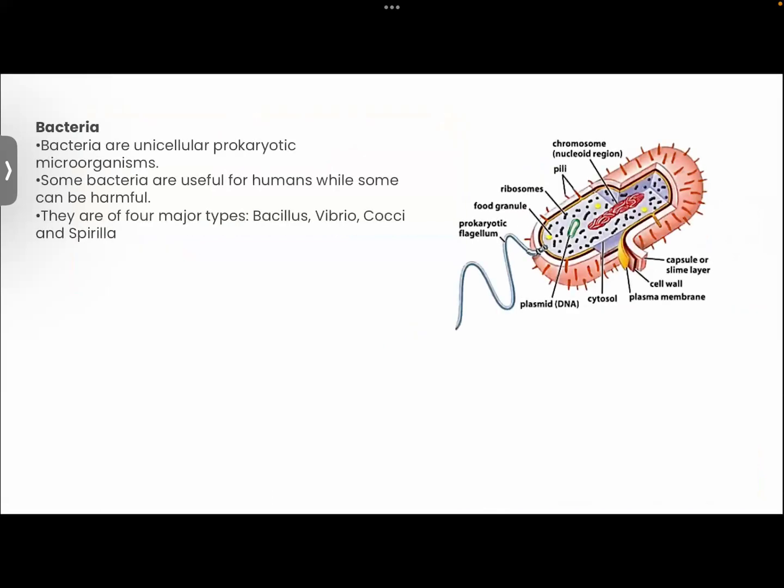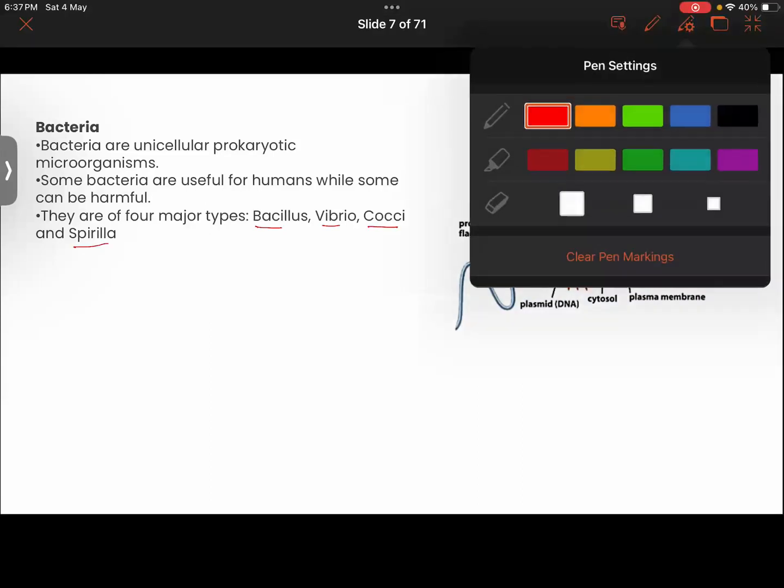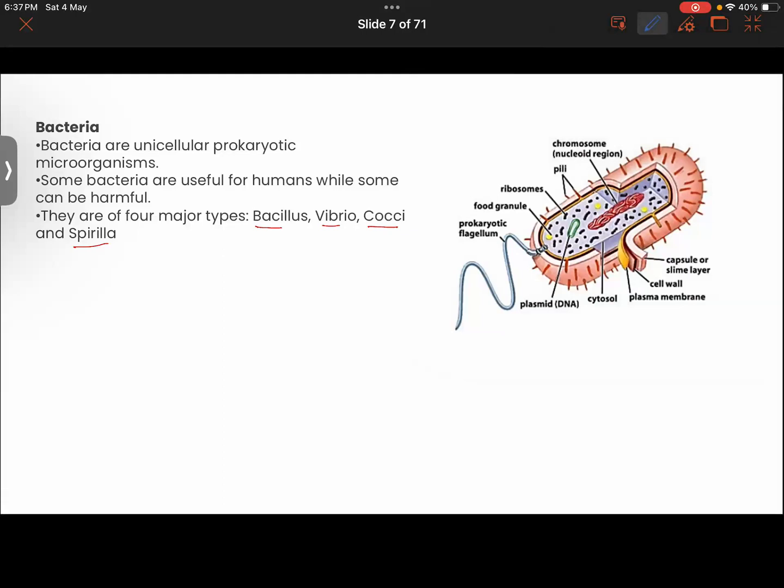Then we talked about different groups of bacteria. Bacteria have been majorly classified into 4 groups: Bacillus, Vibrio, cocci, and Spirilla. Do tell me which one of them is the comma-shaped bacteria? Vibrio. Good. Okay, who will tell me which one of them is the rod-shaped bacteria?